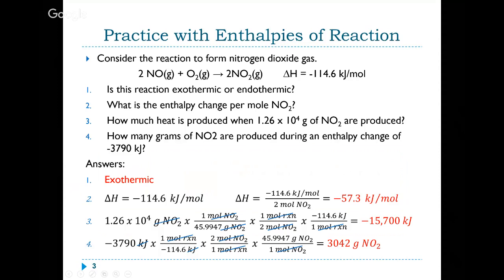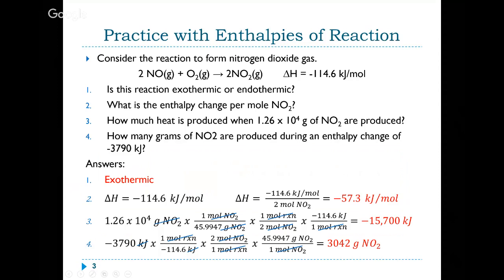We multiply everything together on the top, divide by everything multiplied together on the bottom, canceling out the units as we go along, to see that we end up with negative 15,700 kilojoules. So this is the amount of heat that is produced if we want to make 1.26 times 10 to the 4th grams of nitrogen dioxide. We can perform similar calculations if we were given a mass of NO or a mass of O2.